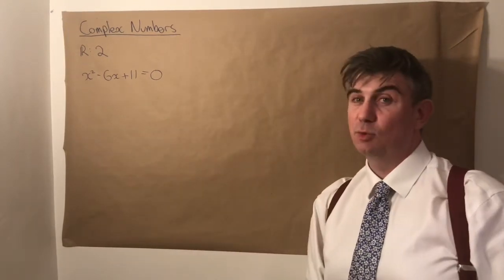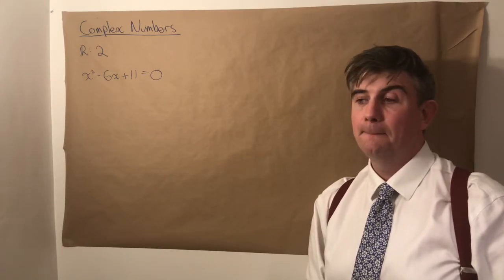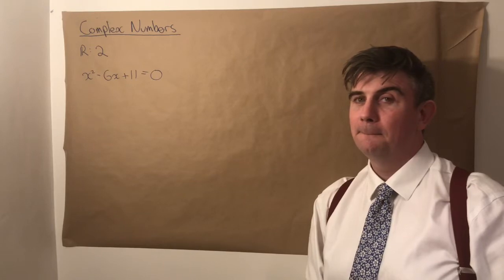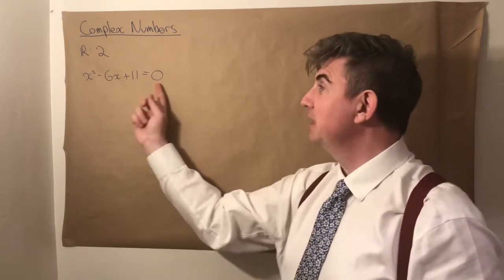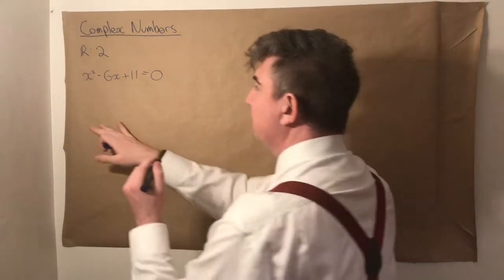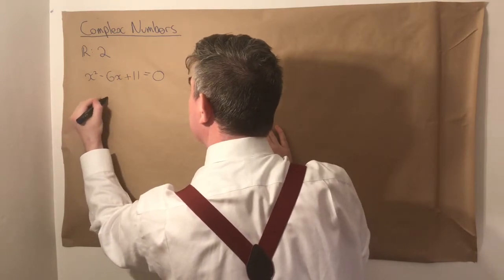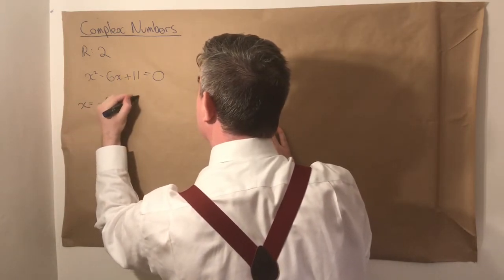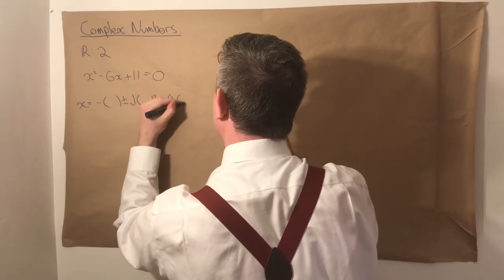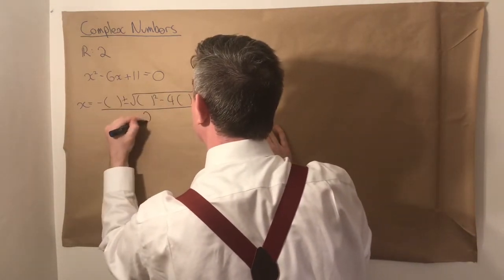And if we want to solve quadratic equations, we're going to use what system? Good. So we're going to use the minus b system, or the minus b formula on this thing here. So the minus b formula looks a bit like this. x will equal minus b plus or minus the square root of b squared minus 4ac, all over 2a.